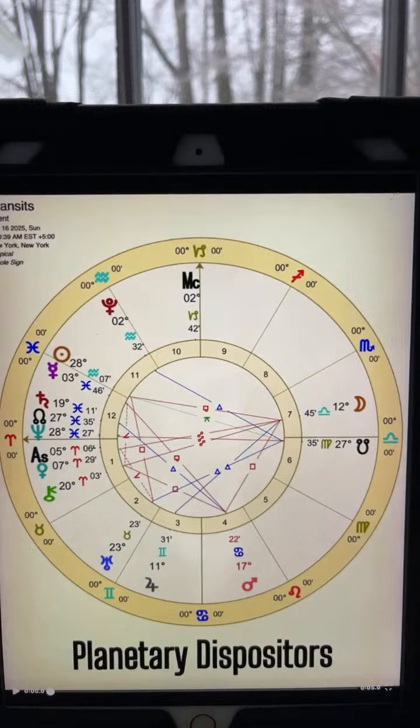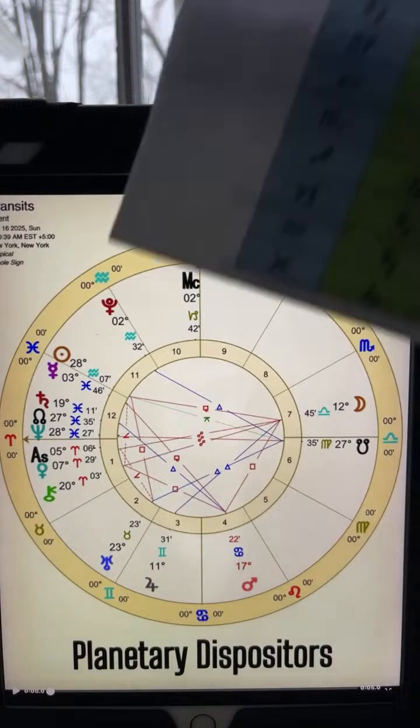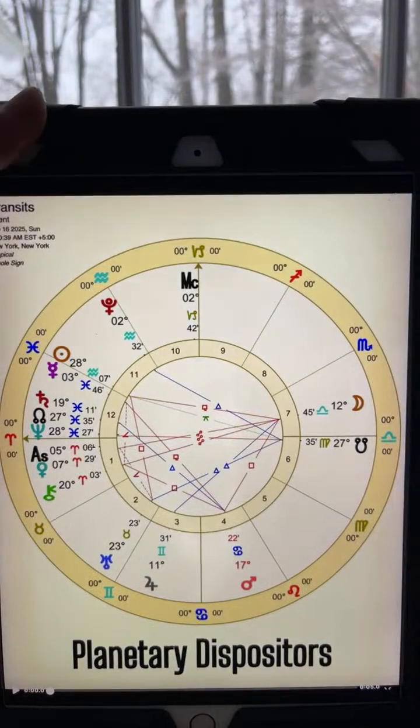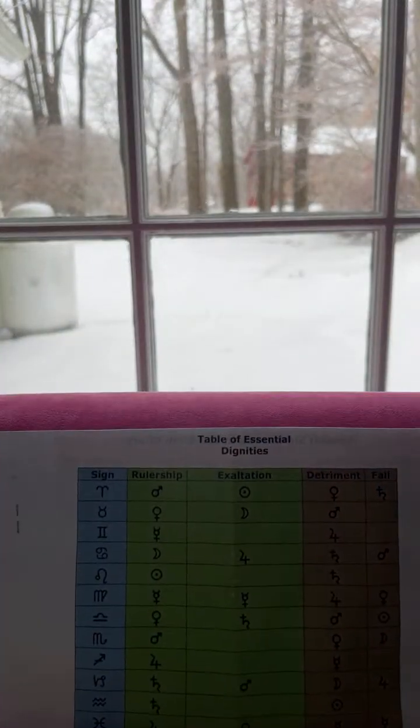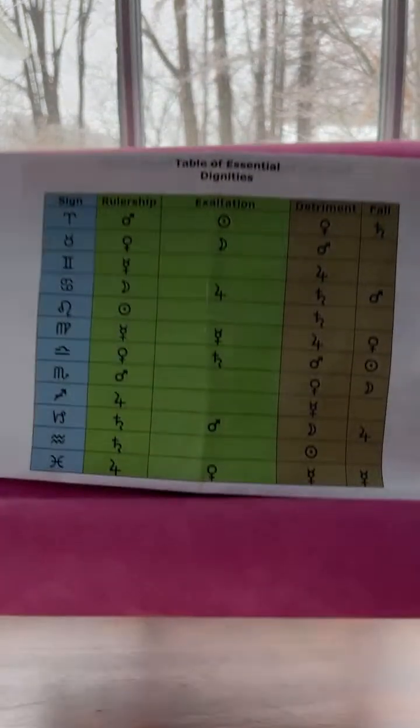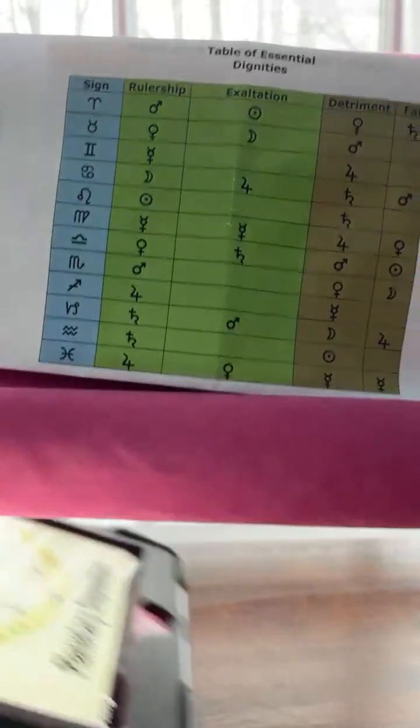I think that it's always good to model that these things could be confusing and that we can all have moments of confusion. What I grabbed was this chart of planetary dignities. Can you see that?